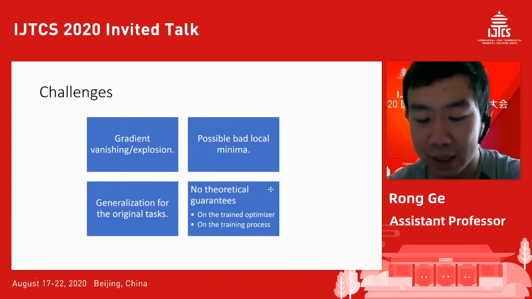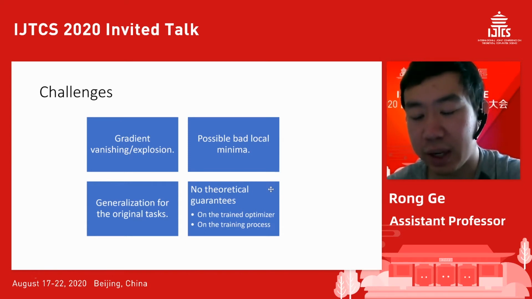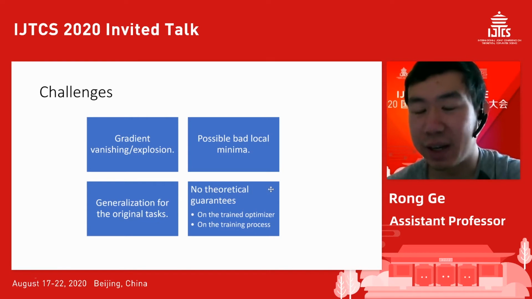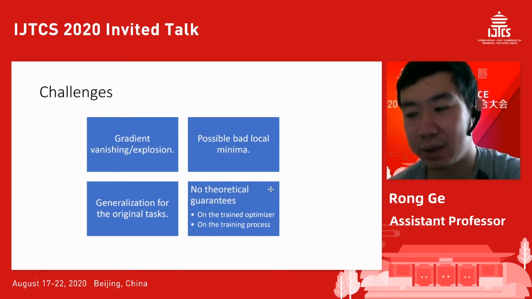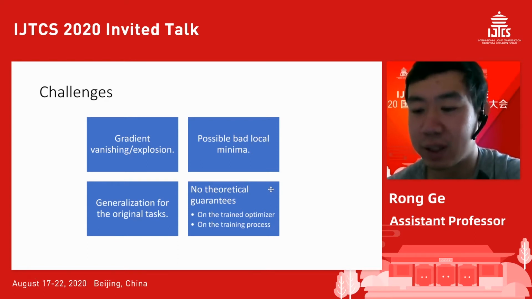What do I mean by these two different aspects? Well, by theoretical guarantee on the trained optimizer, I mean that if you train an optimizer that is a neural network, this optimizer you can then apply to all kinds of tasks, right? You can apply it to a convex optimization task. You can apply it to optimizing a neural network. But in none of these cases do we know any convergence guarantee for the trained optimizer.